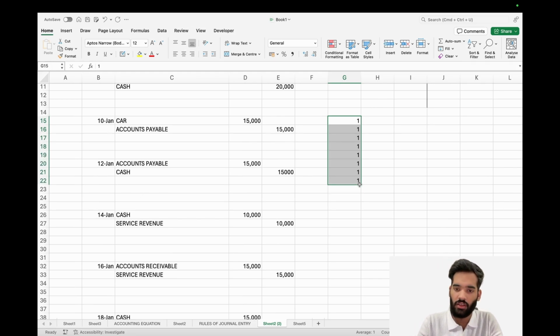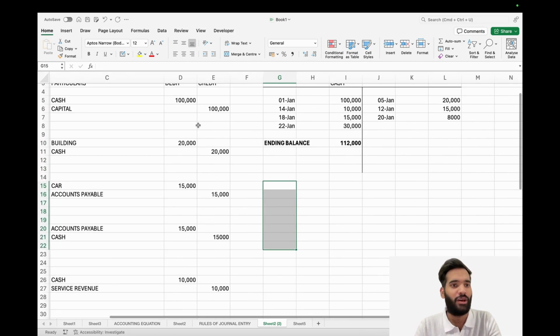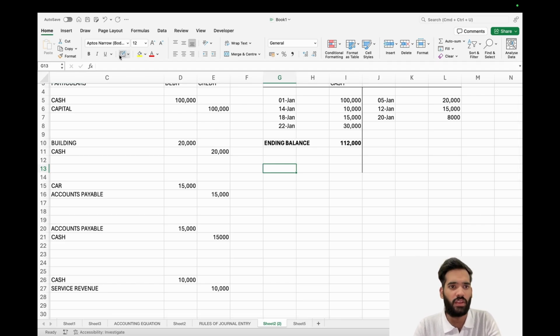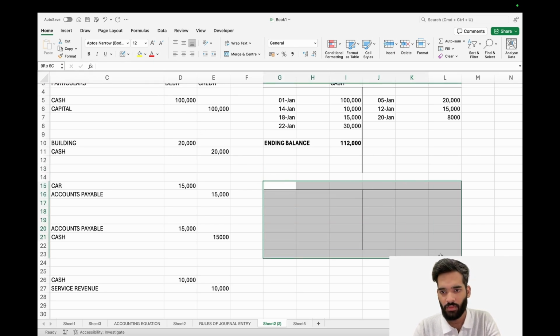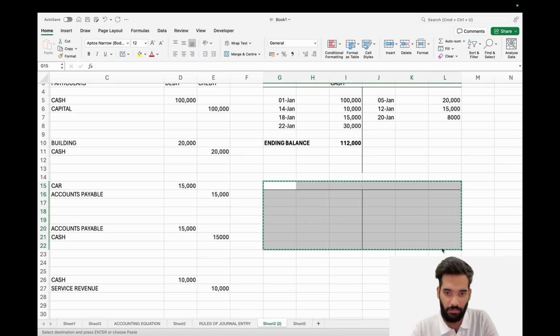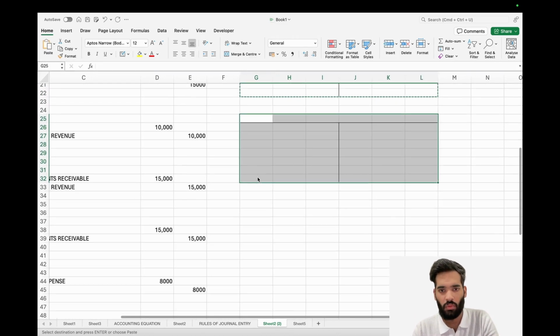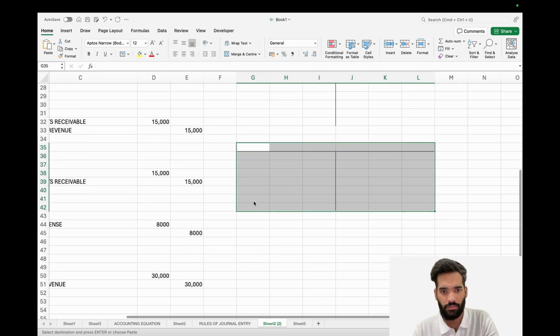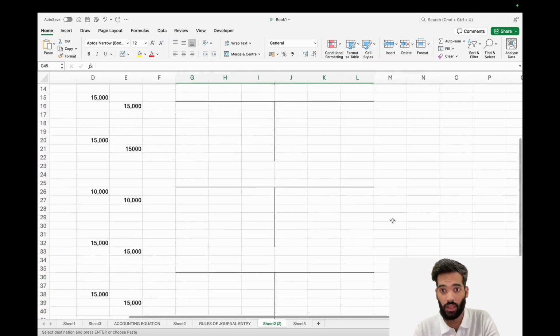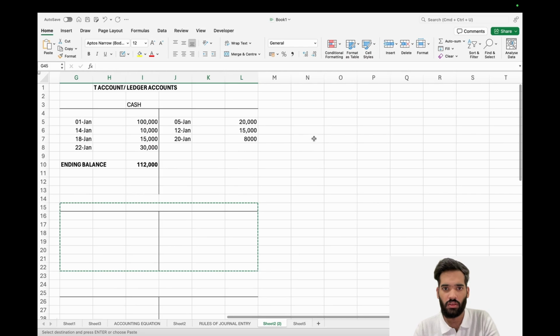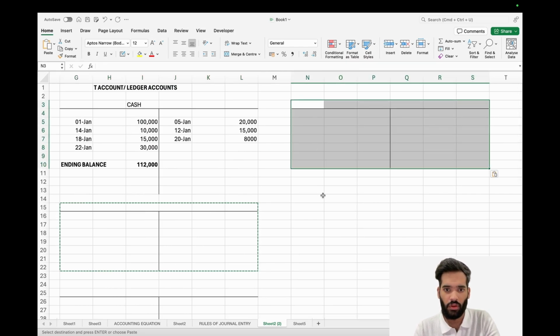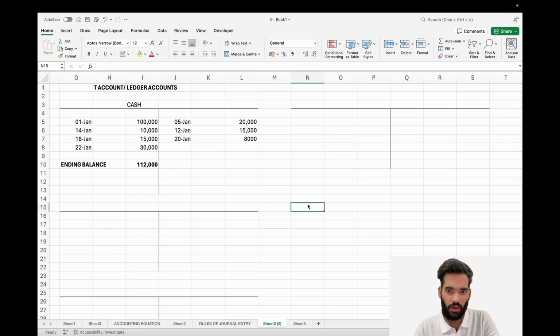So let me delete this. Why did I count this here? So first we can just make a format of all of the 8 accounts and then start solving, like that will be a very efficient way to do this. So I've made a T account. I'll literally copy and paste it 8 times, right? We already made one, so I guess 7 times more. So 1, 2, 3, and let's do it on this side now. 4, 5.